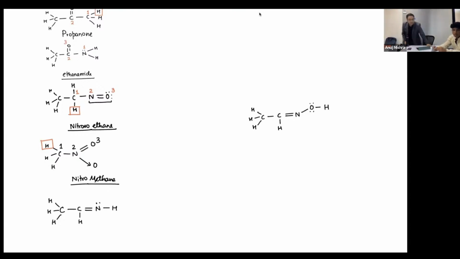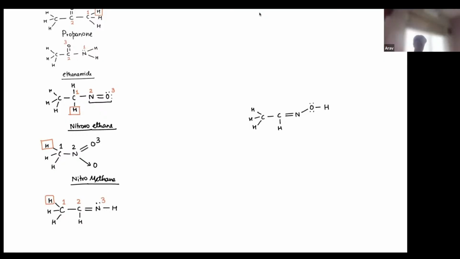Okay. Now look at the structure. In this structure, again, we find the same thing common. This is hydrogen. This is position number 1, position number 2, and position number 3. Is it making sense?